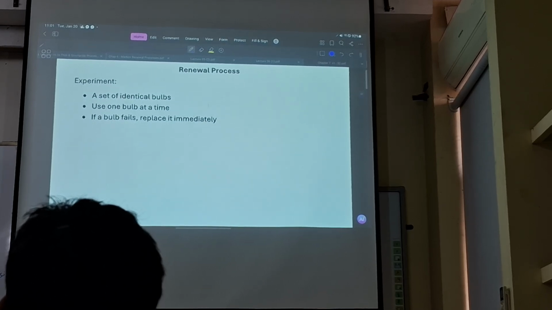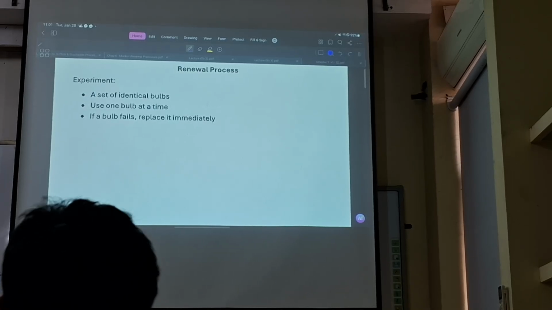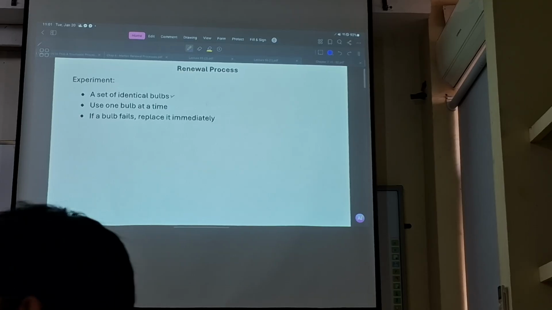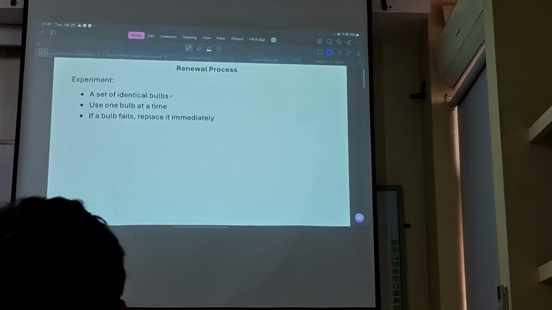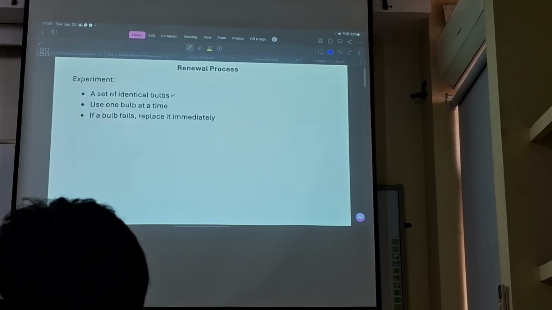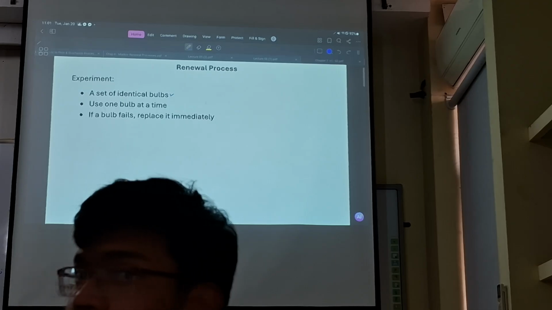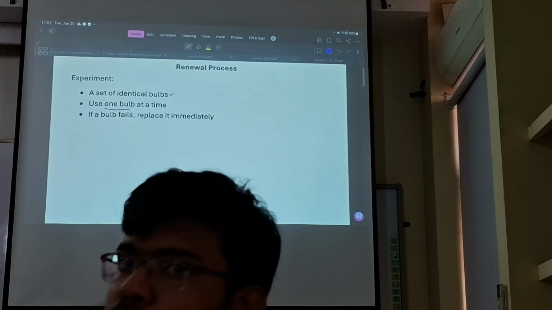So what is the renewal process? Let us consider you have a set of identical light bulbs, and we just use one bulb at a time.